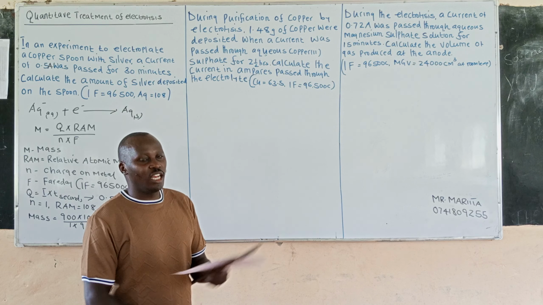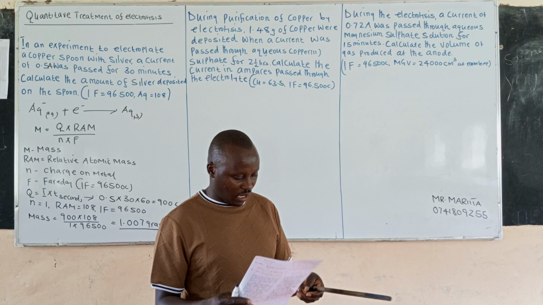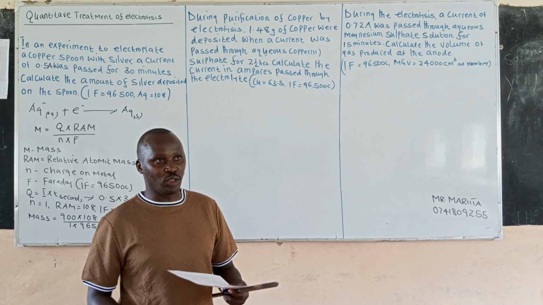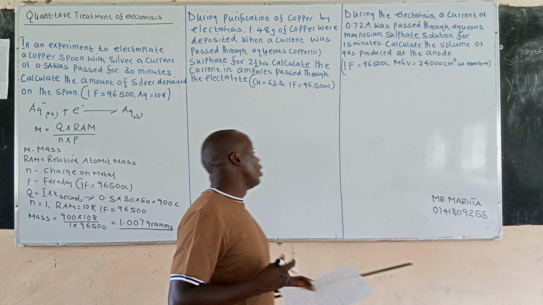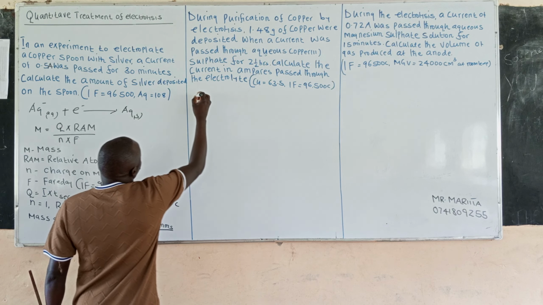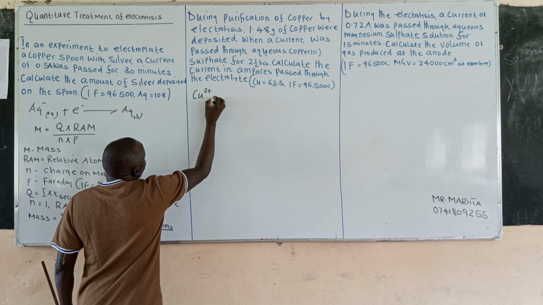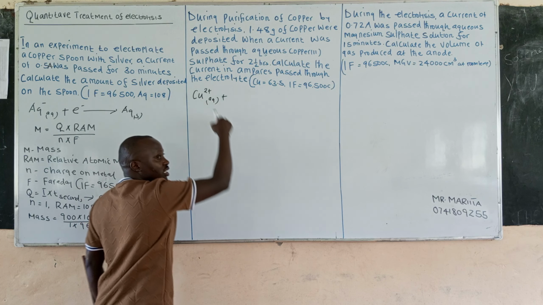So in this case you need the reaction that takes place at the cathode. During the electrolysis of copper using aqueous copper(II) sulphate, copper metal is deposited at the cathode. So the equation at the cathode has 2 electrons.